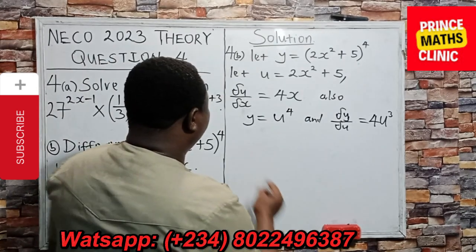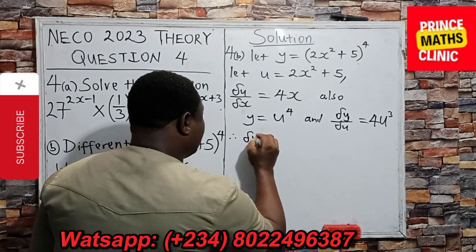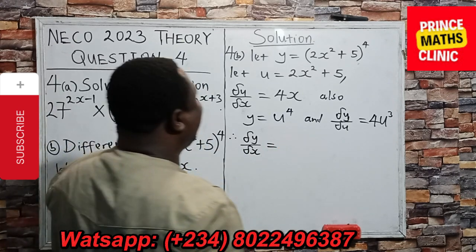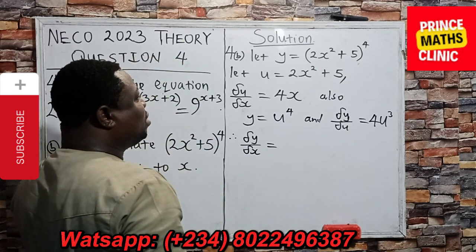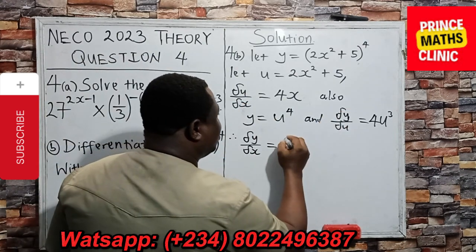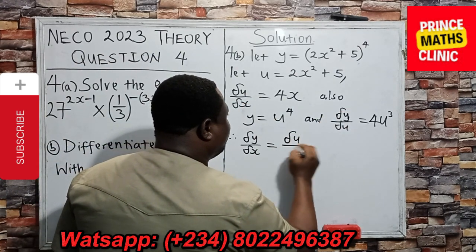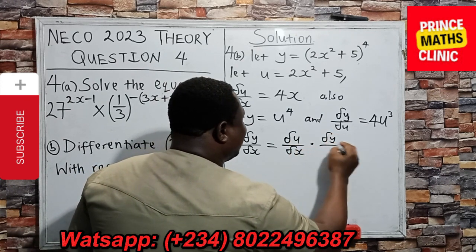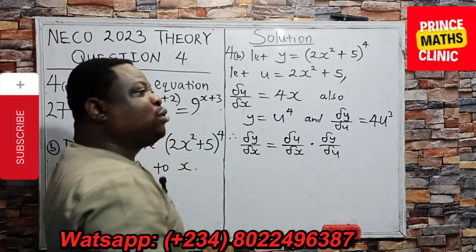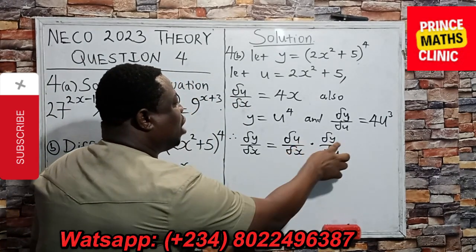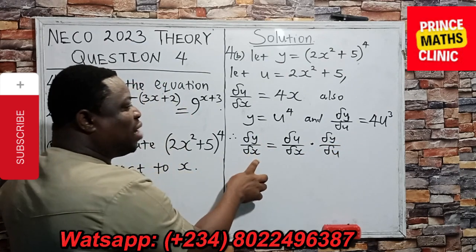To now obtain dy/dx, you have to multiply what you created, which is du/dx times dy/du. So du over dx multiplied by dy over du. How do you know you are correct? When du cancels out du here, you have dy over dx equal to dy over dx.